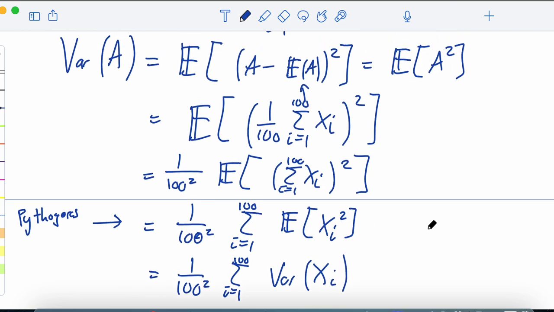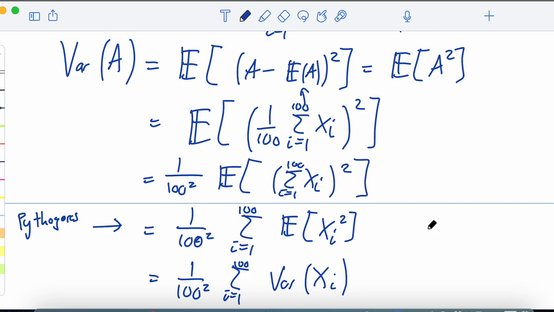Okay, and this thing that we've proven, the variance of A is the sum of the variances of the terms. This always works. When you add up independent or uncorrelated things, the variance of the sum is the sum of the variances. That always works. And in this case, we multiplied by 1 over 100 to get the average, right? A was not the sum of the x's, it was the sum of the x's divided by 100. That pulls out with a 1 over 100 squared, because variances are squarey.